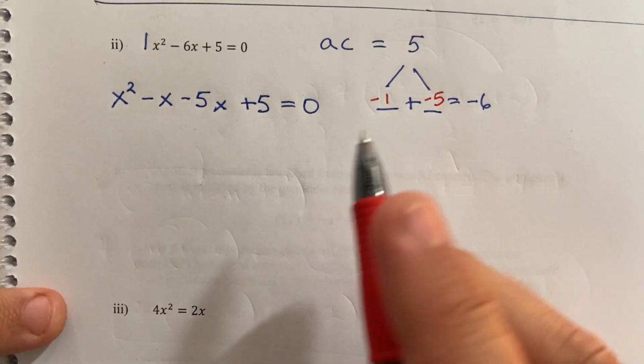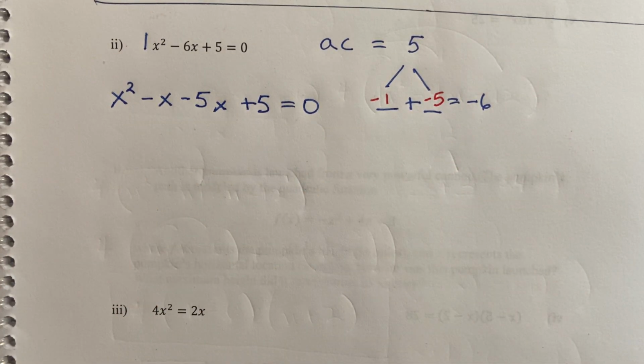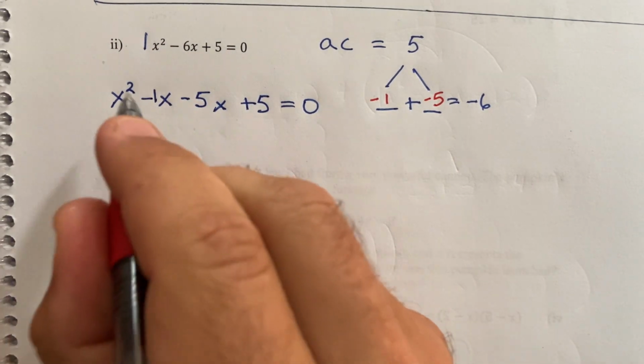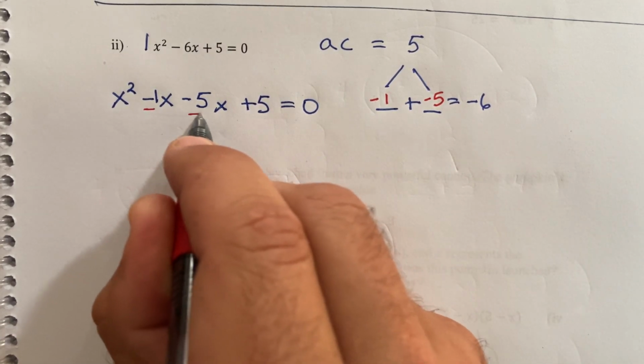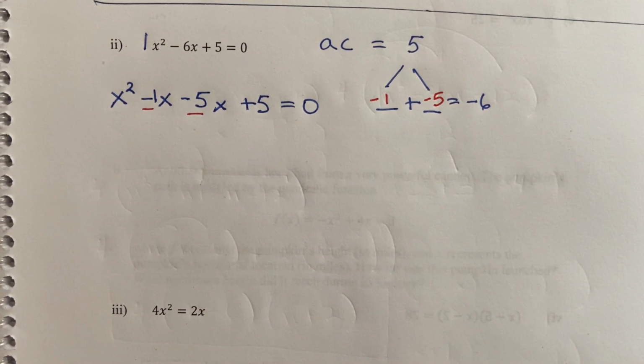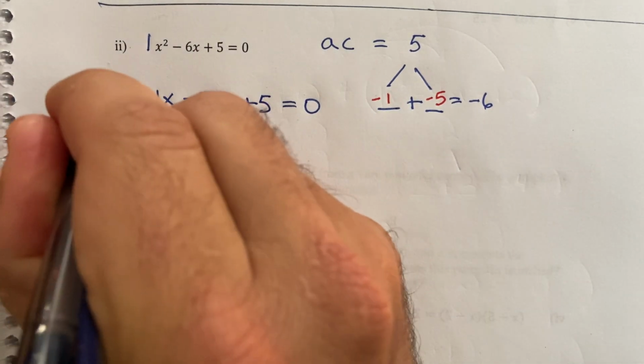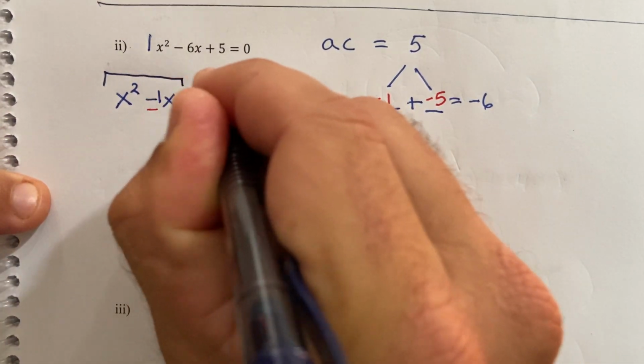So I brought these numbers in, right? Here's my -1 essentially, as coefficients on x. Right, there's that -1, and here's that -5. Now what we do is we factor by grouping.